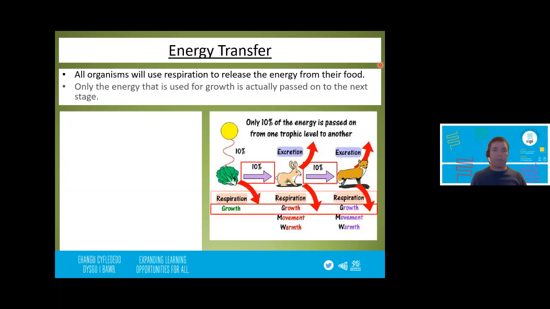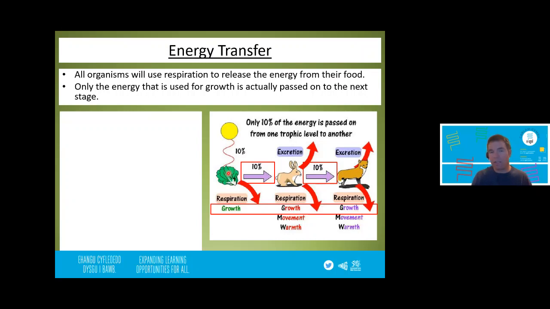Okay, right. So what we find here is that the only real energy that gets passed on that we're really interested in is any energy that an organism uses for growth. So if you take down here this plant, it gets its energy from the sun, which is not a lot. It only gets about 10% of the energy from the sun that lands on it.